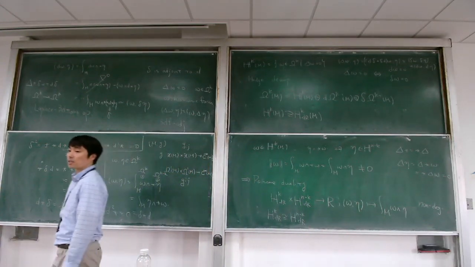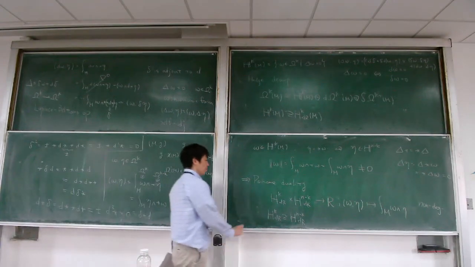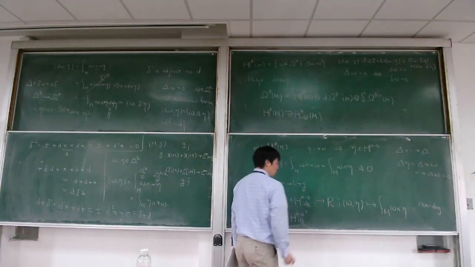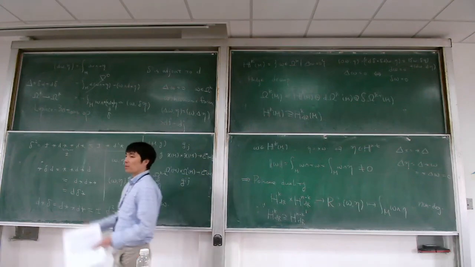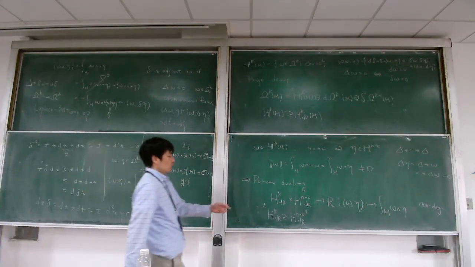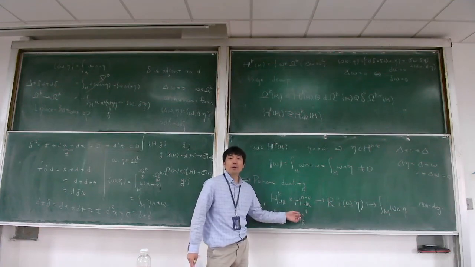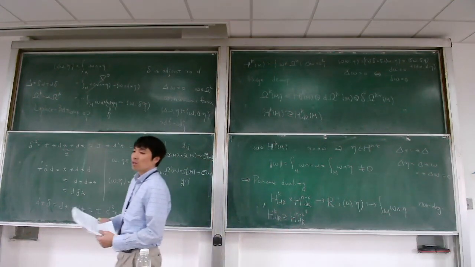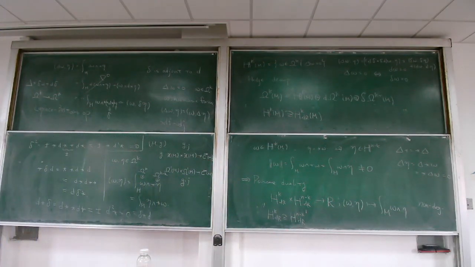As a vector space, this is an isomorphism, for a compact orientable Riemannian manifold. So this is the Poincare duality. So k-th cohomology is isomorphic to (n minus k)-th cohomology for a compact orientable Riemannian manifold. And you will see the example in the sphere and also the torus case in the problem set.